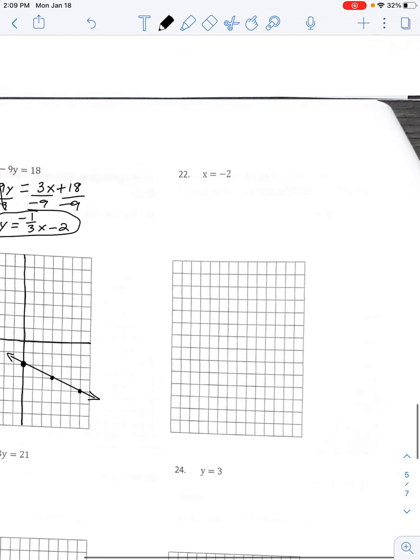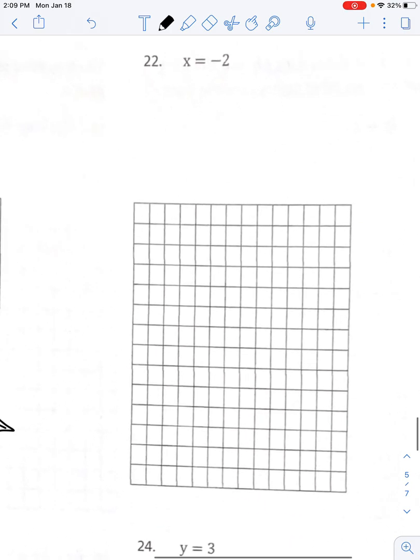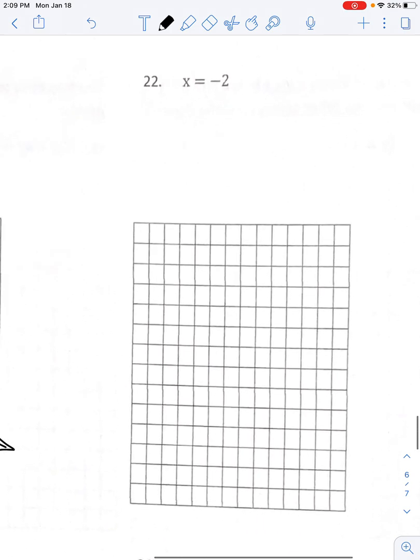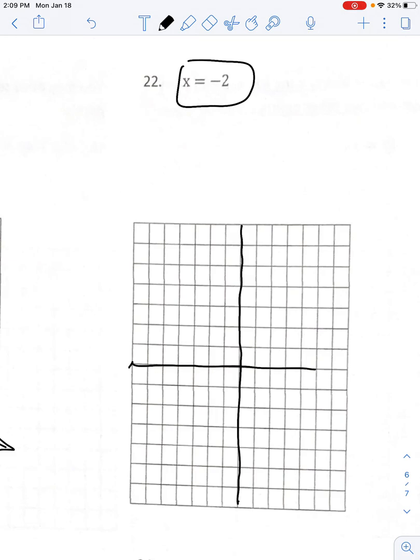All right, number 22. This one is actually really easy. So x equals negative 2. It's already in its simplest form, so that actually is your equation. Okay? Now, how to plot it, this is just a memorization thing. Remember, an x equals equation is always going to be a vertical line.